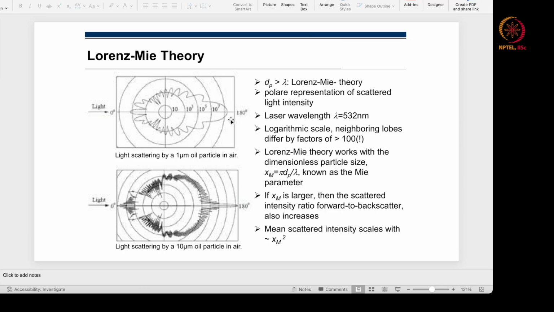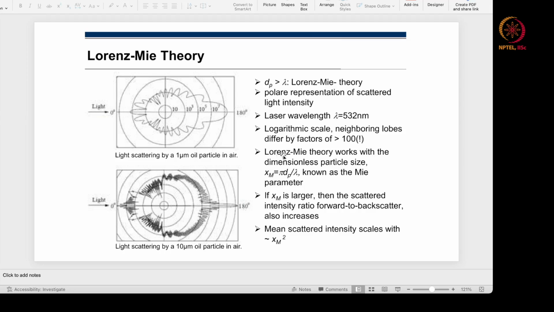You can see the 180-degree scattering is like this, and 0 degrees. The light is coming in this direction. This is your oil particle or oil droplet in air. The laser wavelength is about 532 nanometer, which is the most commonly used Nd:YAG laser. In the logarithmic scale, the neighboring lobes differ by factors of more than 100. So the neighboring lobes differ quite a bit.